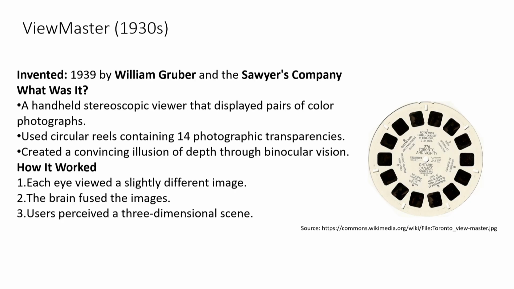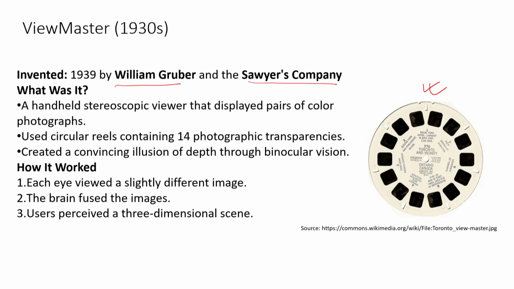In the 1930s, the Viewmaster was invented by William Gruber and the Sawyer's Company. This was essentially a handheld stereoscopic viewer that you can see here on the right, that displays pairs of colored photographs. It used circular reels containing 14 photographic transparencies, and it created a convincing illusion of depth through binocular vision.